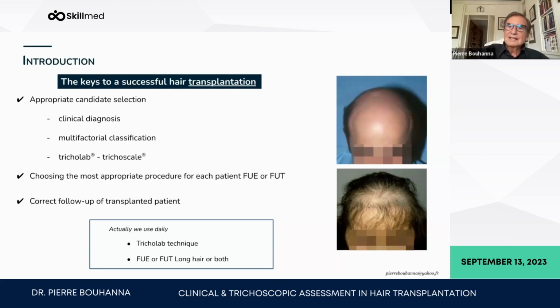And for that, they have many times used minoxidil, finasteride, and also PRP, and many other techniques or drugs or procedures like injection, mesotherapy, and all of that.